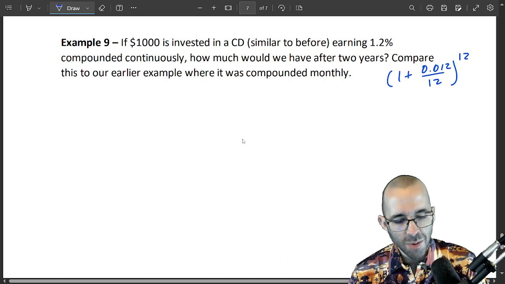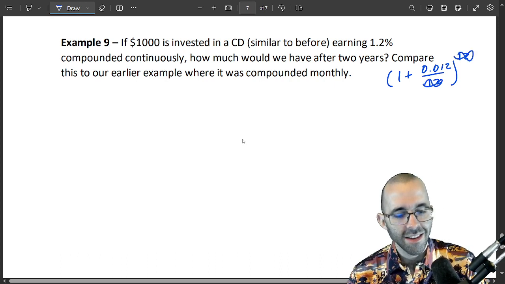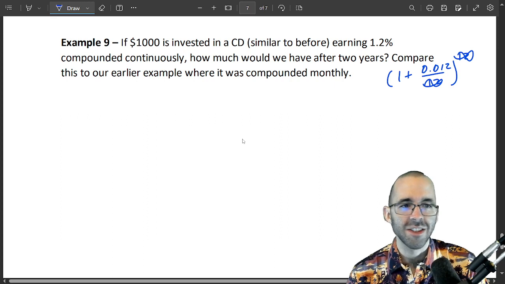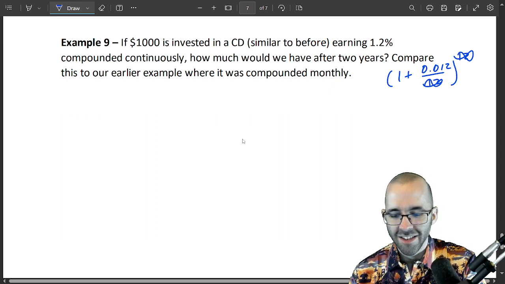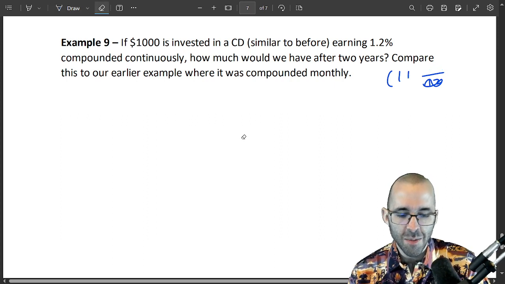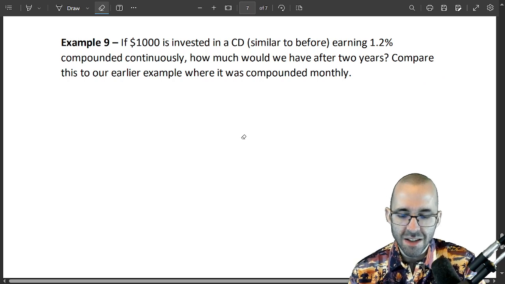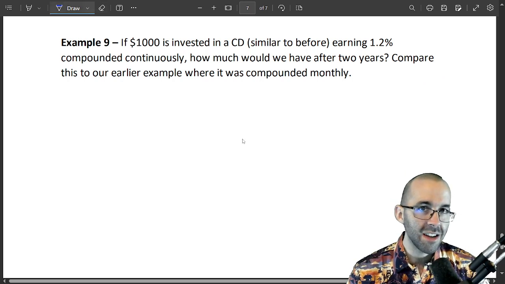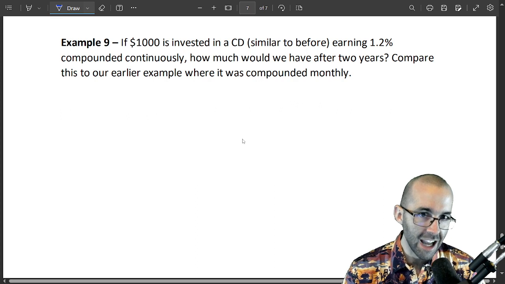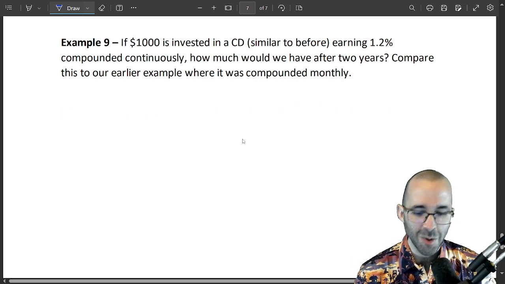Well, continuous would be like if this were an infinity, which is kind of weird, so we're not going to write it like that anymore. Split it up into infinitely many pieces. That comes from the idea of a limit, which is a calculus topic we'll talk about next quarter.